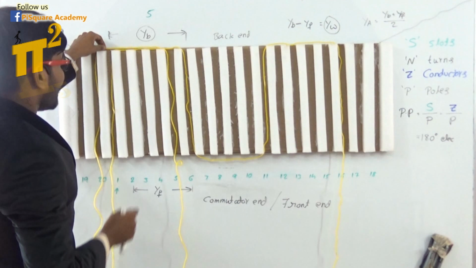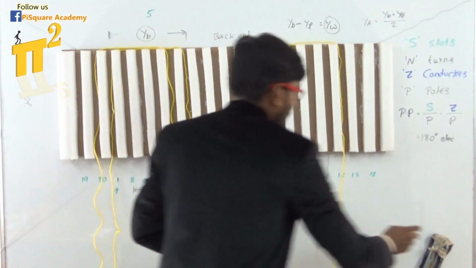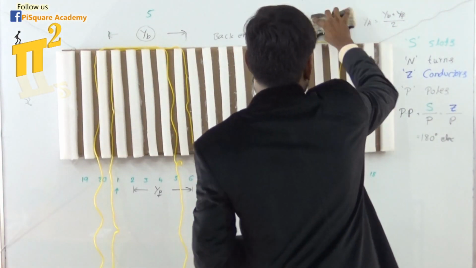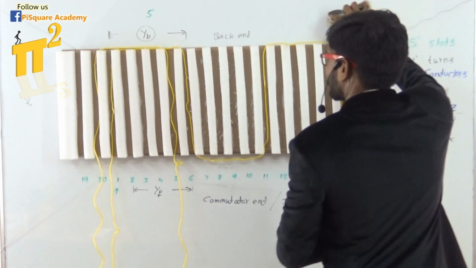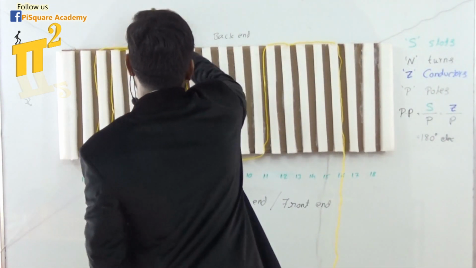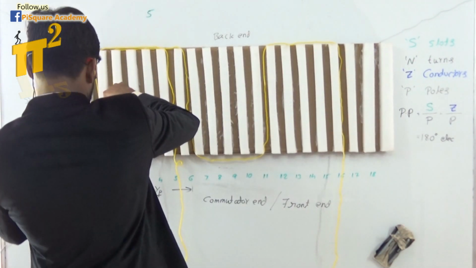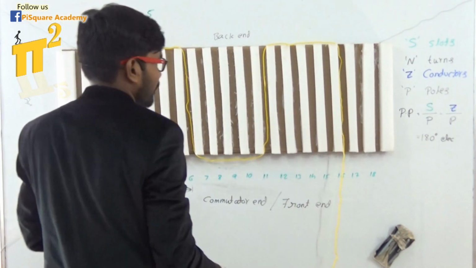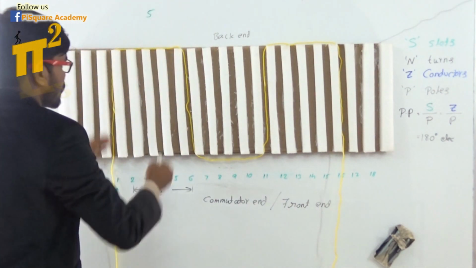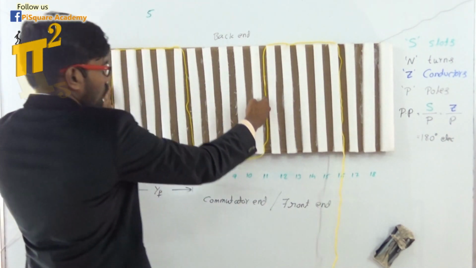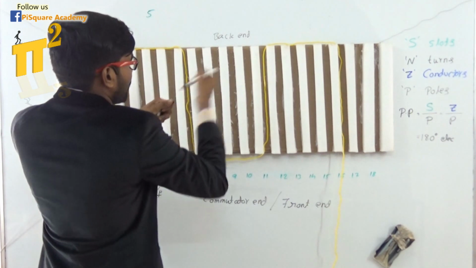Now, let's find an interesting factor here. One important observation. So this is the back pitch and front pitch. Total, this is one winding pitch.